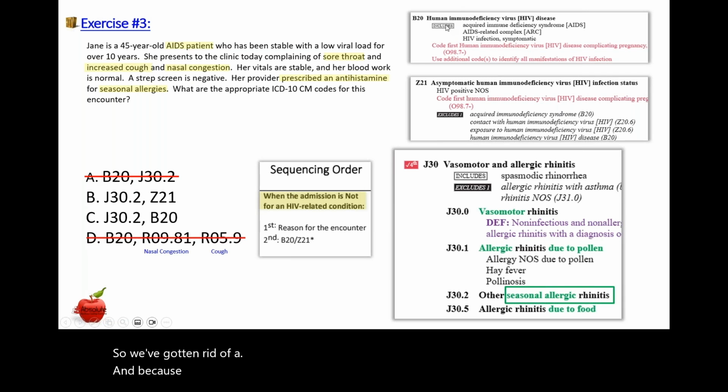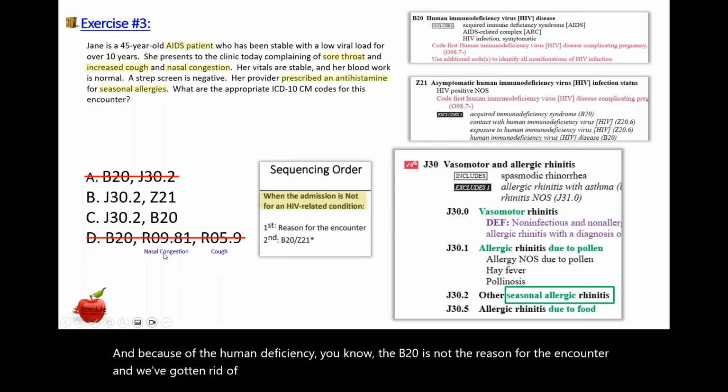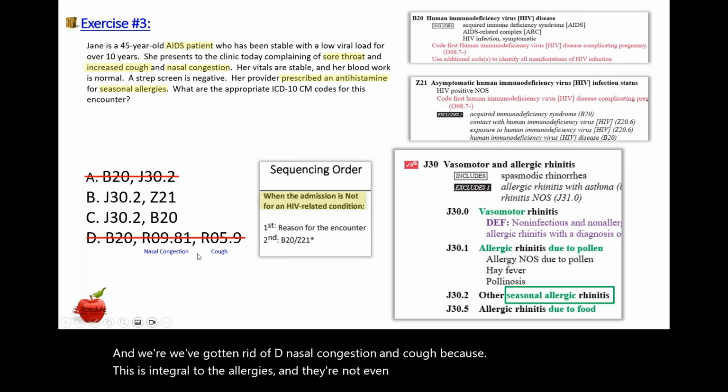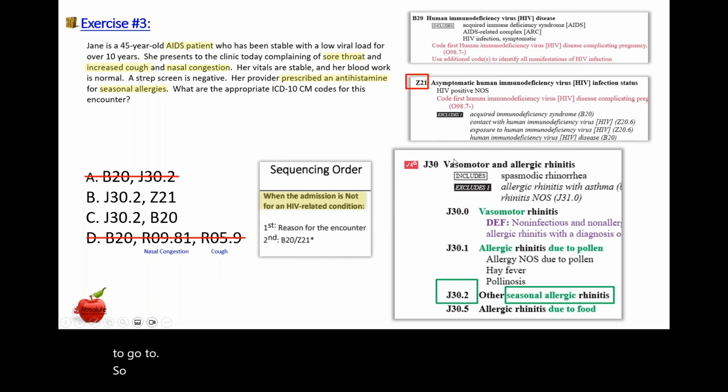because the B20 is not the reason for the encounter. And we've gotten rid of D, nasal congestion and cough, because this is integral to the allergies. And they're not even coding for the allergies in D. So you got to go too. So just so you know, the asymptomatic HIV is not correct because this patient does have AIDS.